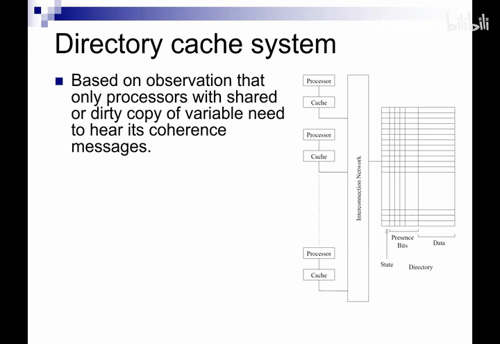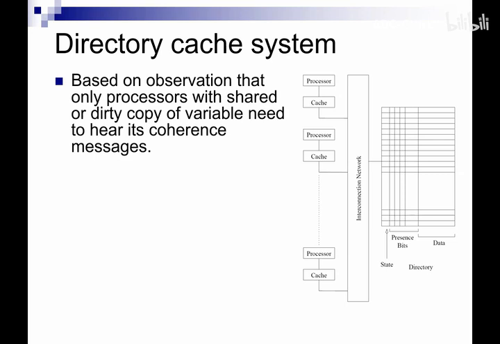Other processes that are not sharing this variable of course don't care what happens to it. Therefore, for this directory cache system, the idea is to keep track of which processors have a shared or dirty copy of the variable, and then when you modify the variable, you only notify those processes.